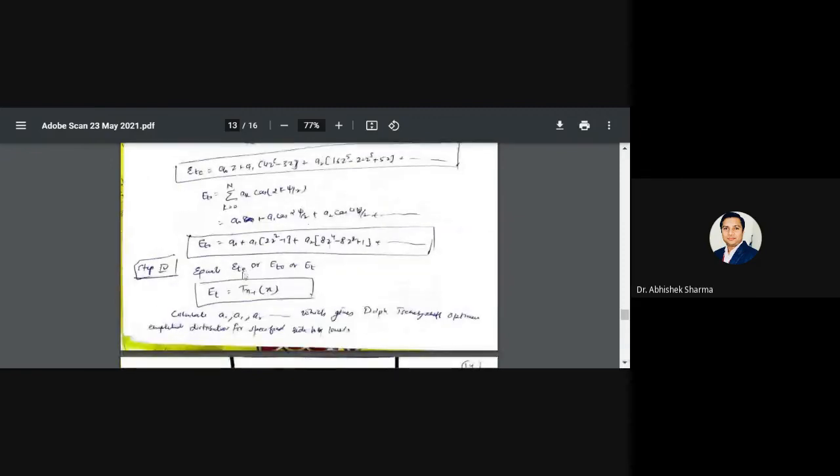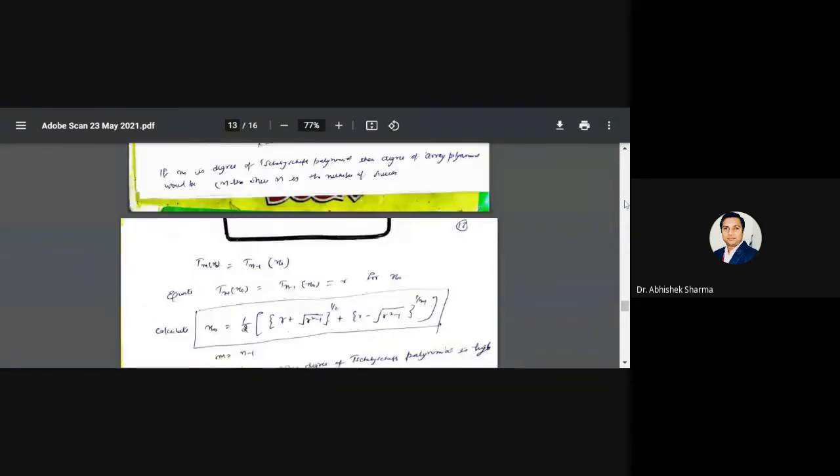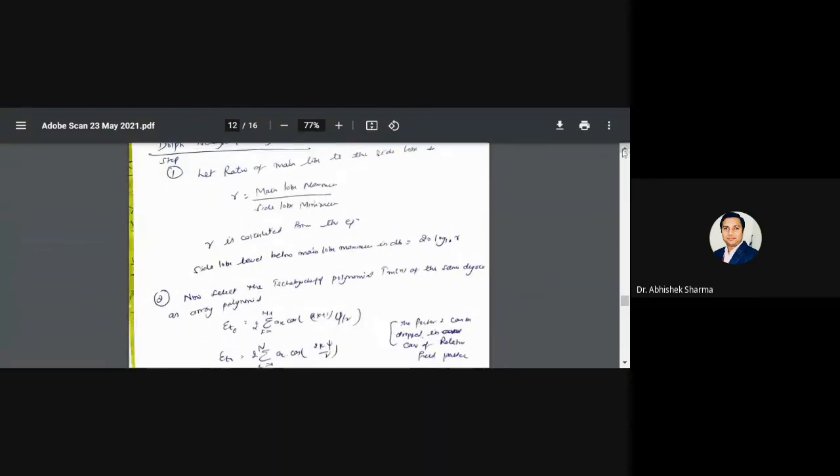So equating ET or ET naught or ET with Tn minus 1 x and calculating a1, a2 up to an, which gives Dolph-Chebyshev optimum amplitude distribution for specified side lobe level. Because side lobe level below main lobe maximum was assigned to you.